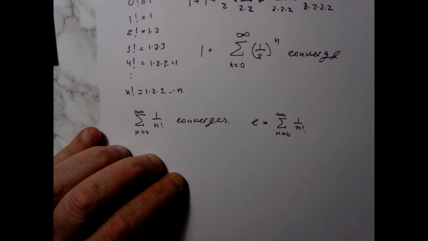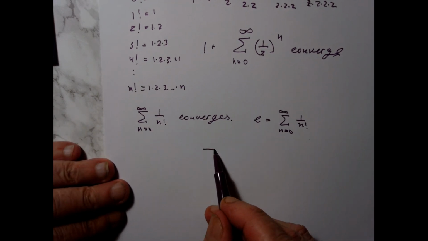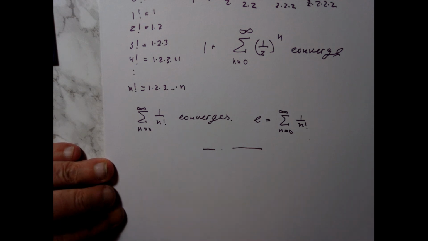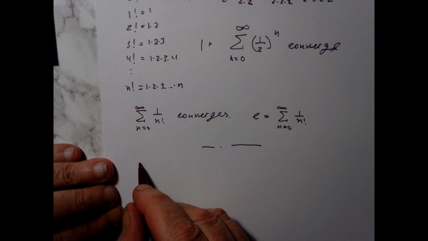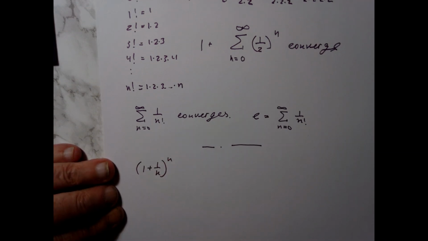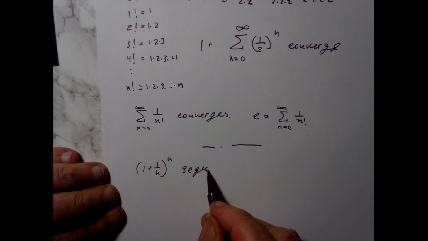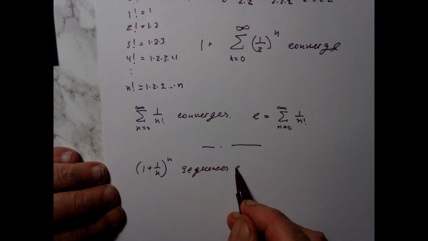Is there a relationship to the e that you know? Well, yes, there is. And the theorems that we will prove next week, together with a few other theorems, will be that if I look at this sequence, 1 plus 1 over n to the power n, this sequence converges to e.